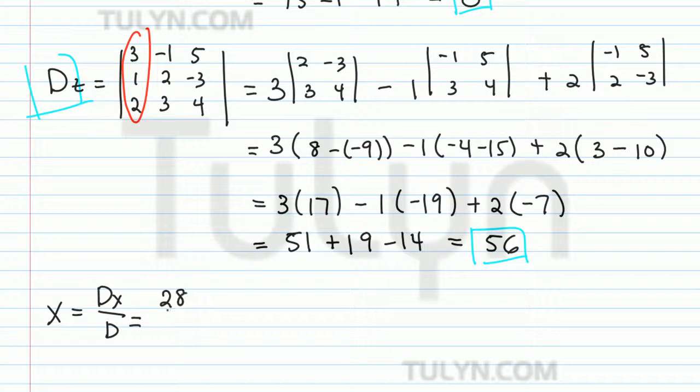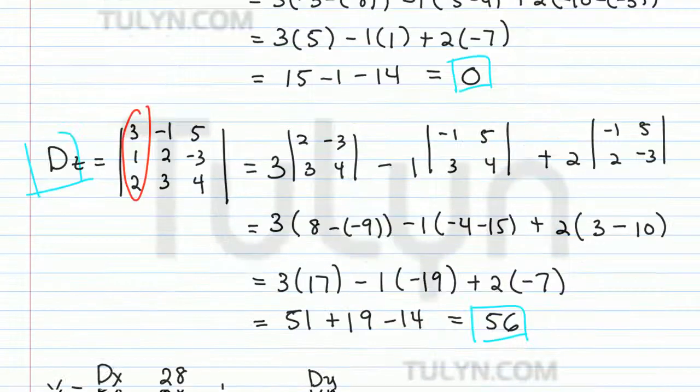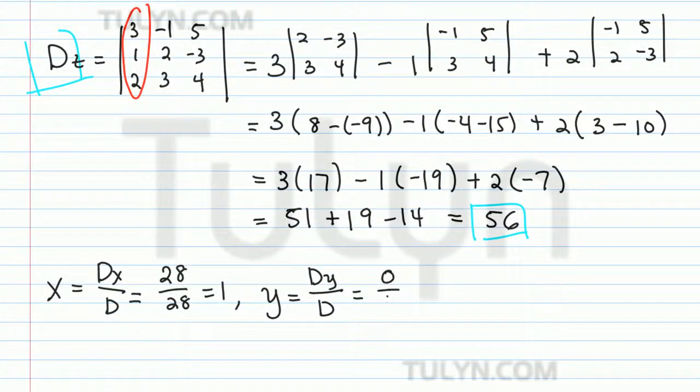So we got 28 over 28, which simplifies to 1. Y is dy over d, and dy was 0. So 0 over 28 is just 0 since it's in the numerator.